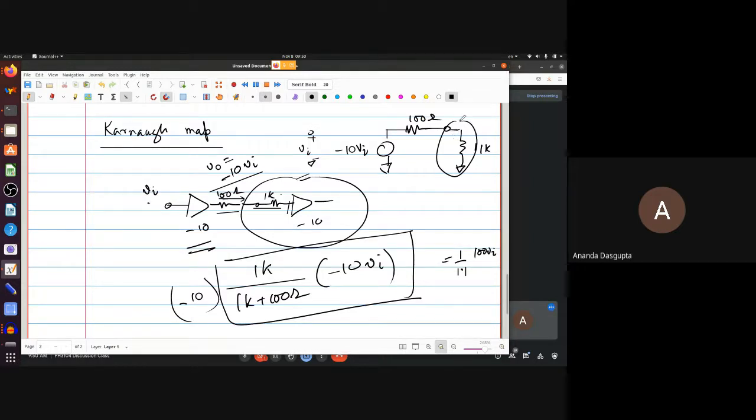The second amplifier only gets the voltage across this, which is 1K divided by 1K plus 100 ohms times whatever that is. Remember, when you look at an amplifier from the source side, it looks like an input impedance Zi. On the load side, it looks like a voltage gain times Vi and then a ZO. That's what we are using here.